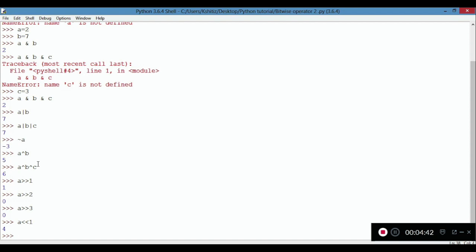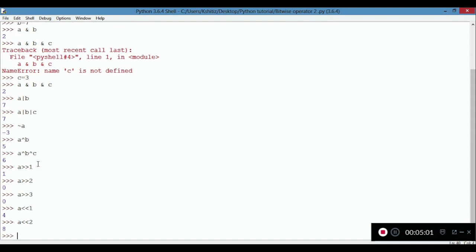So this is how things are. A right shift would shift the bits rightwards, and left shift would shift them leftwards. Similar to what I did over here, you can do 2 and 8, and you get the result.